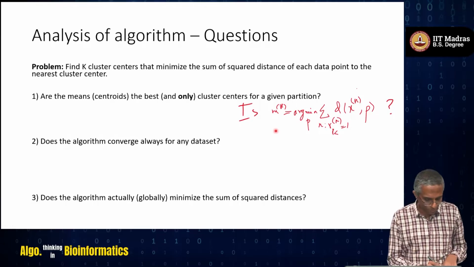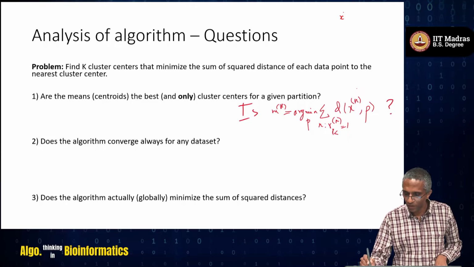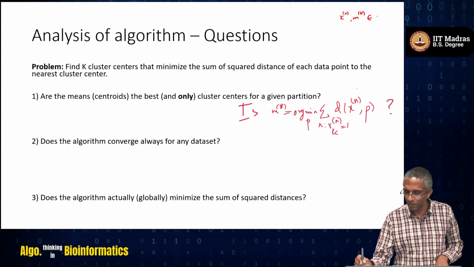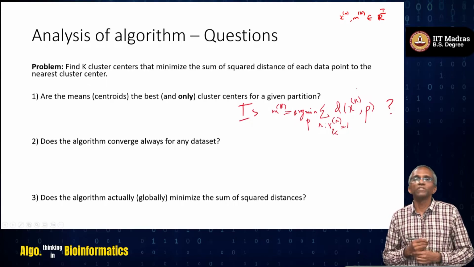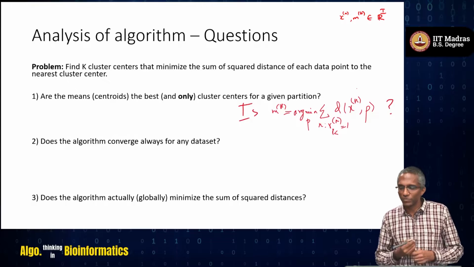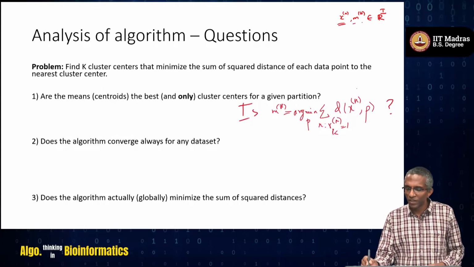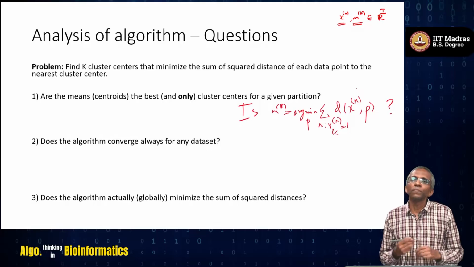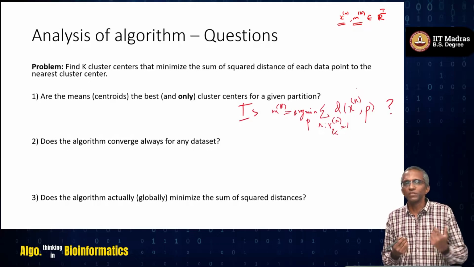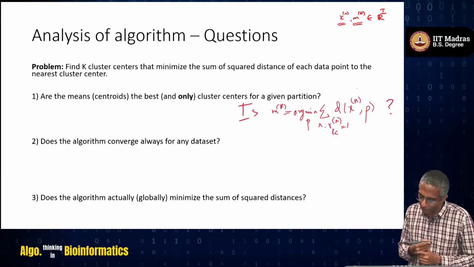You may recall that all the data points x of n and the means m of k are in R to the I, vectors of I real numbers. Each data point is a set of two real numbers, gene A and gene B. m of k is also gene A and gene B, a vector of two real numbers in our particular example. In general, it's a vector of I real numbers.